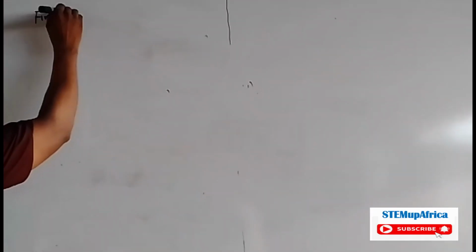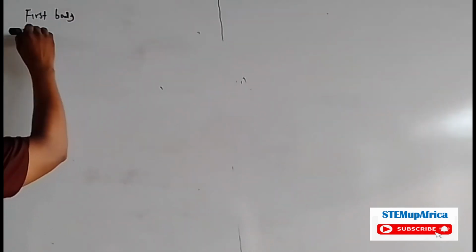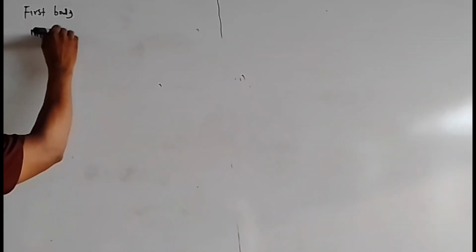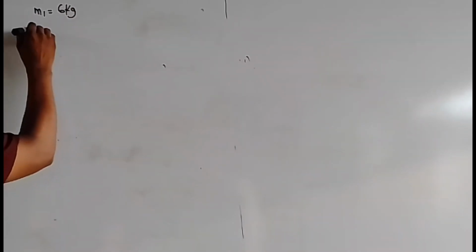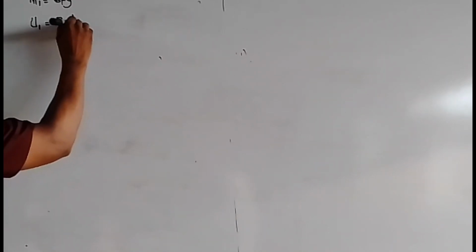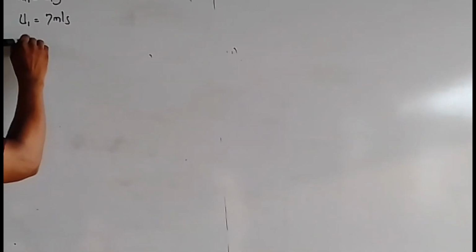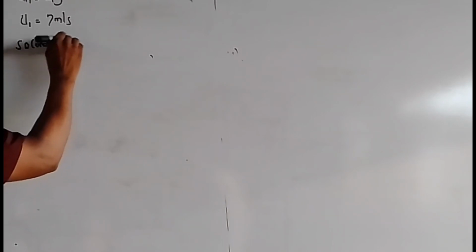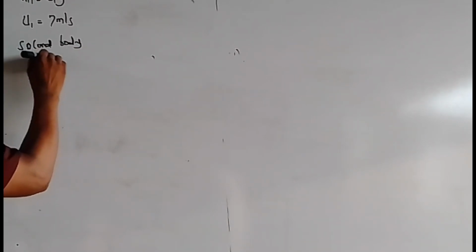So before the collision, first body, let's call it M1. The first mass, M1, is 6 kg, moving with a velocity, let's call it U1, 7 meters per second. Then the second body, the mass is unknown.